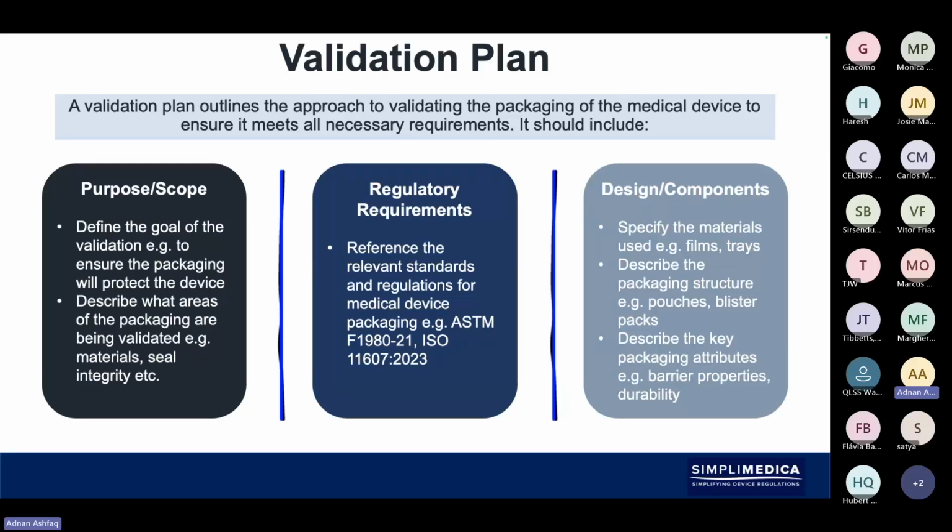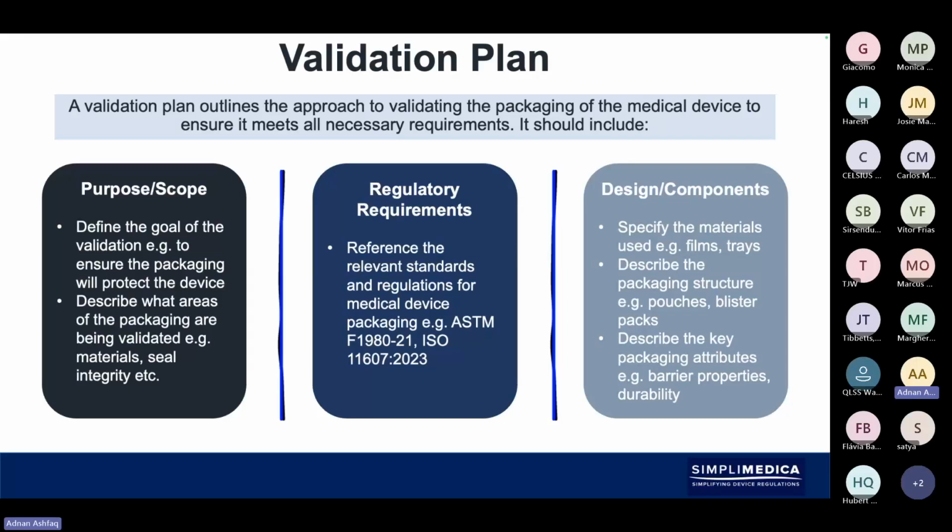But for the benefit of the audience here, when you're writing a validation plan, in the same way for packaging validations, you should begin with a typical structure that looks something like this, where you have the purpose and the scope, which defines the goal of the validation: what's the device that you're trying to protect, and describe what areas of the packaging are being validated.